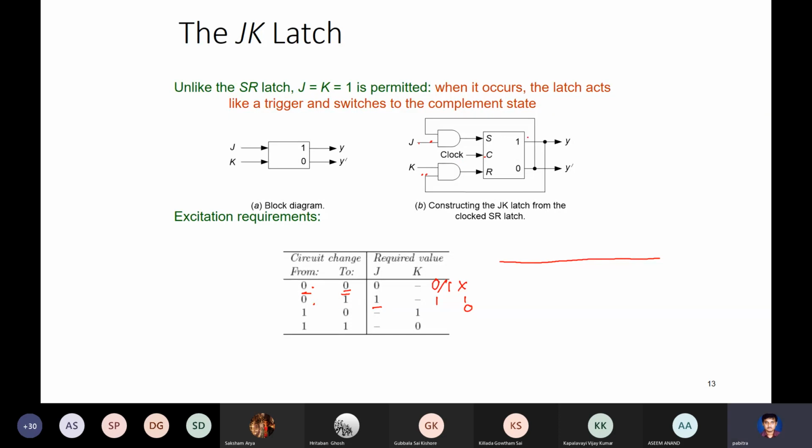So you can see that there is a nested feedback. Within this SR latch there is a feedback, and the entire thing is again fed back.